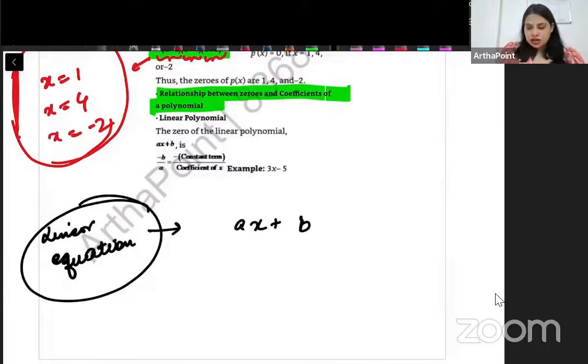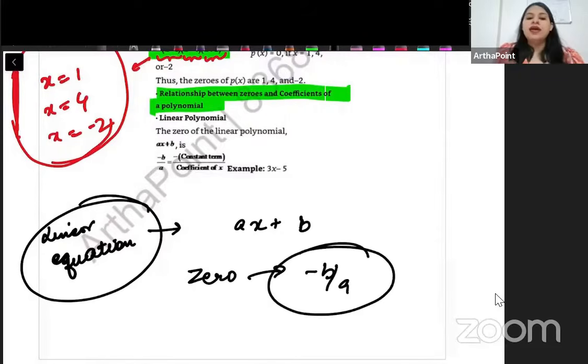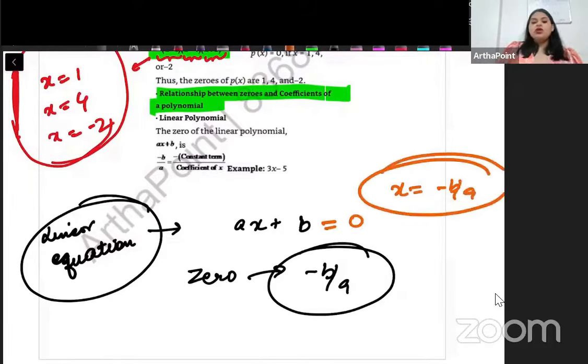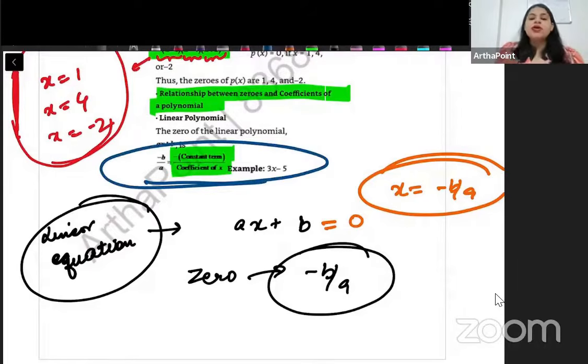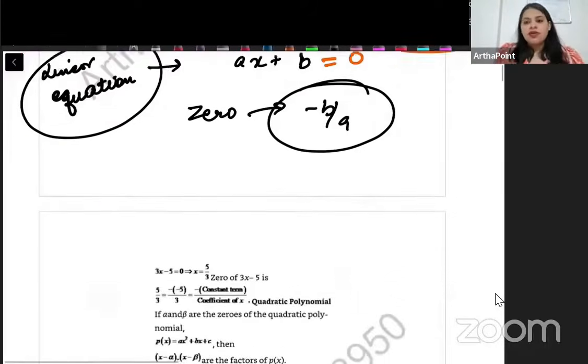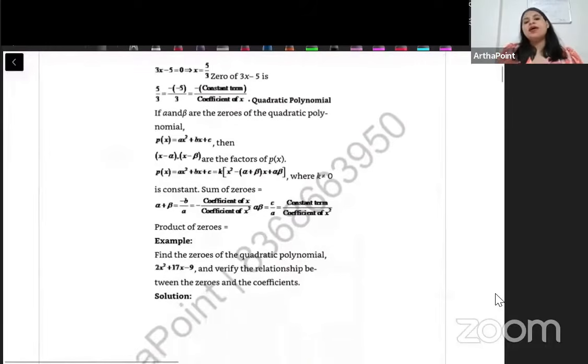In this linear equation, simply the zero of the polynomial is minus b by a. Check it. Put this equal to 0. The value of x will come out as minus b by a. So the zero of the polynomial is simply minus the constant term upon the coefficient of x. This can come in the exam. This is a relationship. So the zero of the polynomial will be minus b by a.